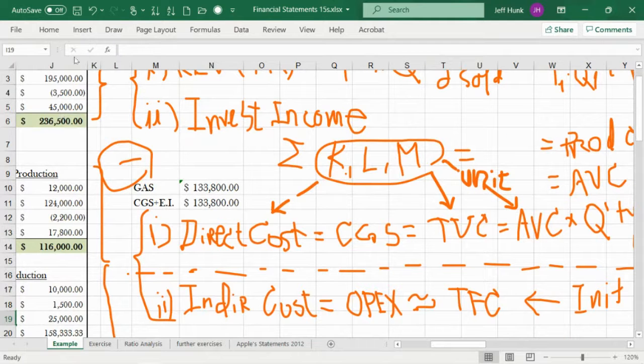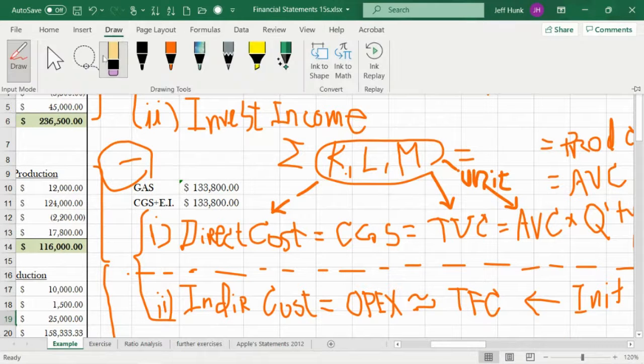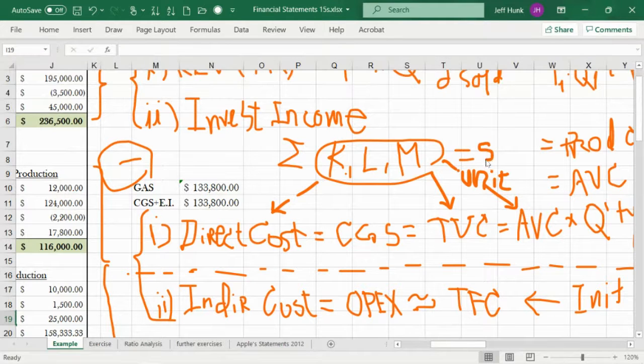That is the production cost per unit. That $200 is literally direct cost because it's the cost of labor, raw material, and capital that goes into building 1 unit of computer.